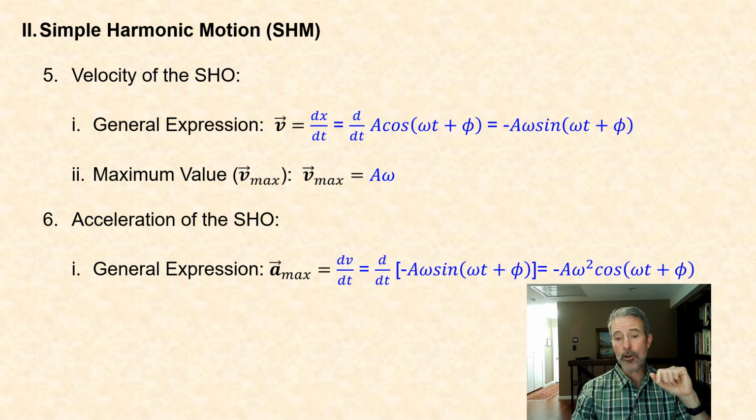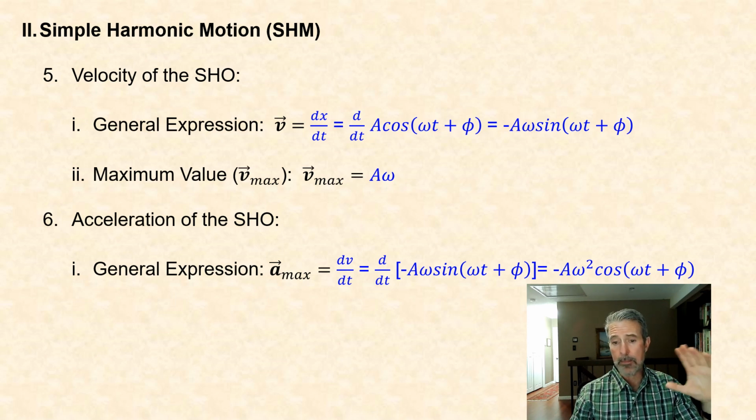So here we differentiate the velocity function, differentiate the sine function, that gives us a cosine function back. Again, when we take the derivative of the argument, we get this factor omega a second time. So we end up with this expression here, minus a omega squared times cos(omega t plus phi).